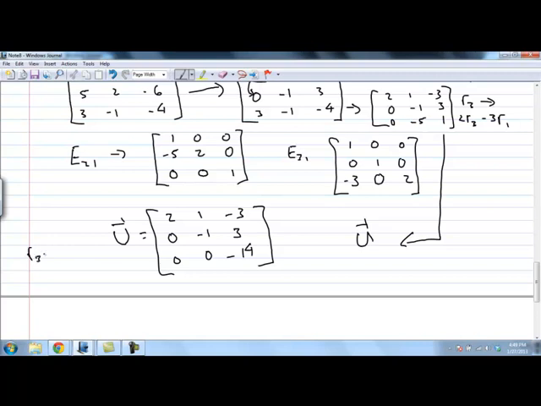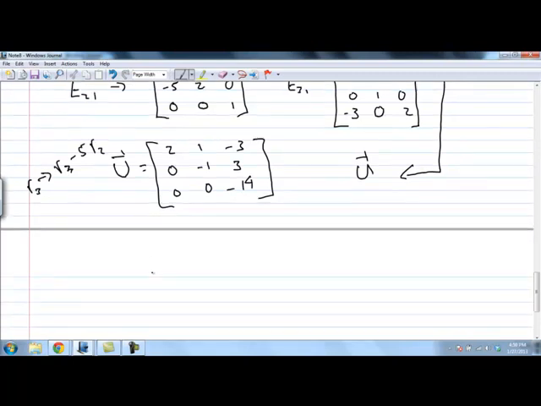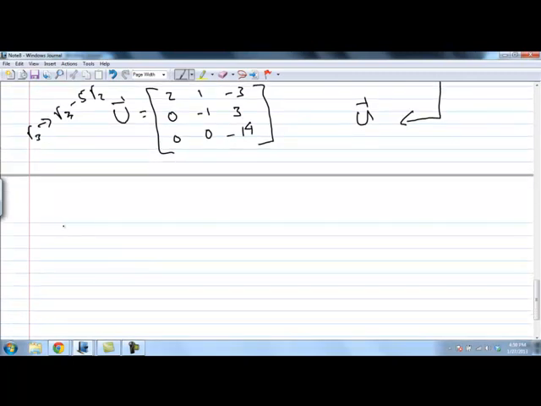This step consisted of row 3 going to row 3 minus 5 times row 2. So we can form E32.